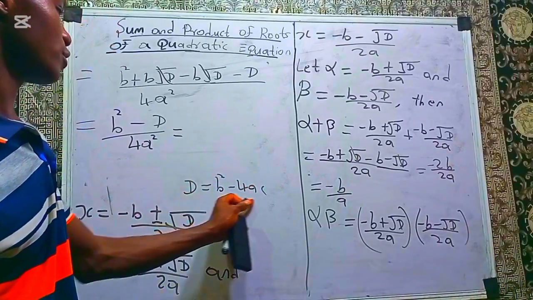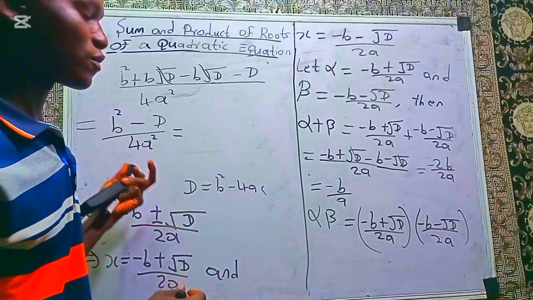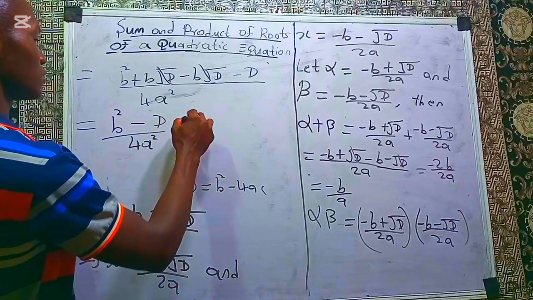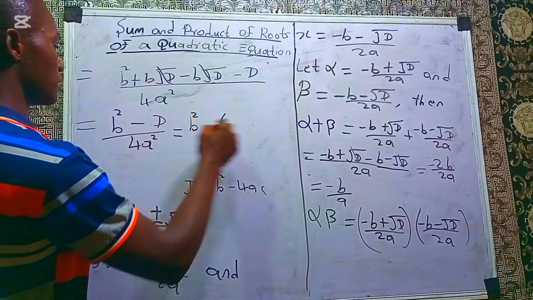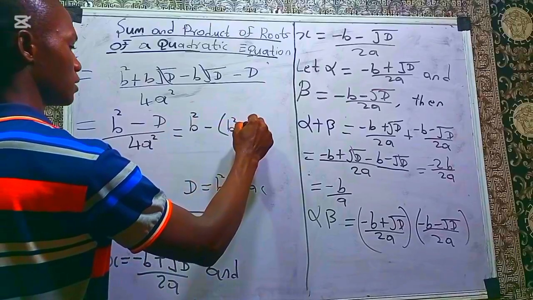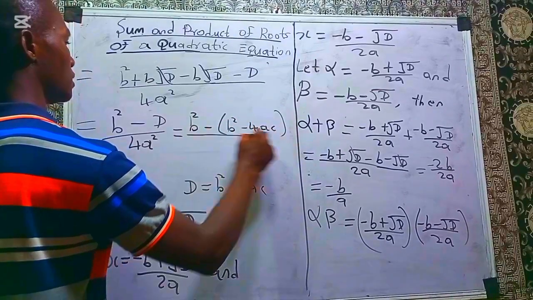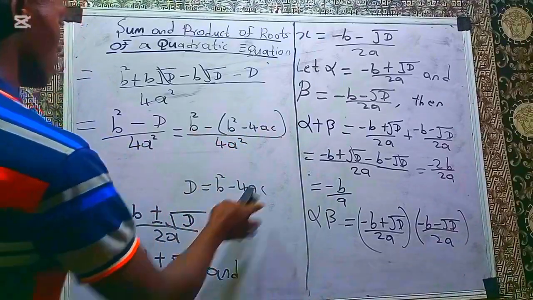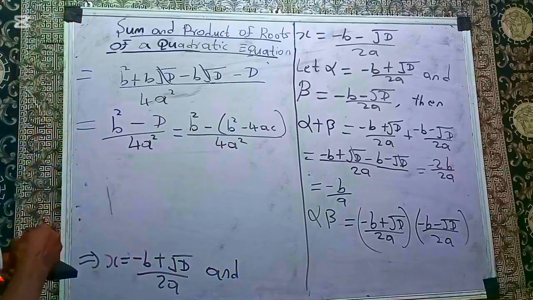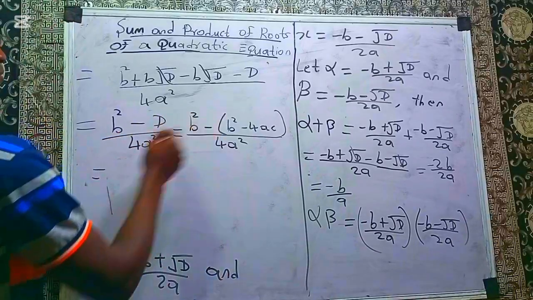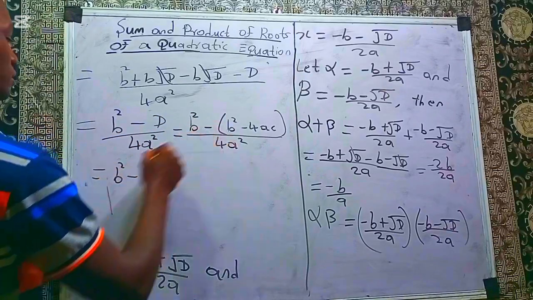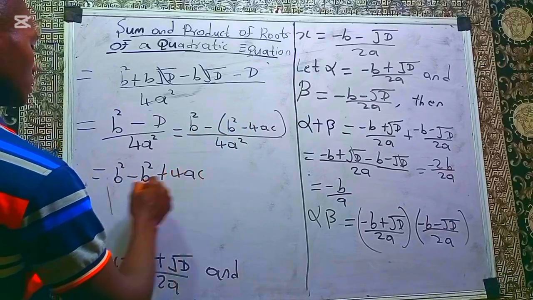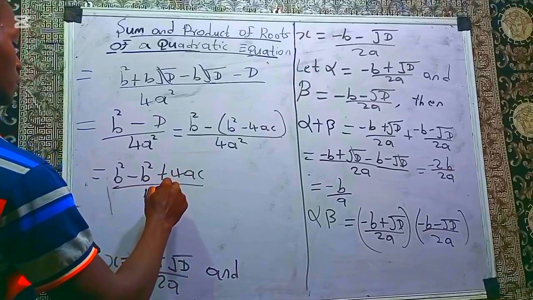You remember this from when we started. So we will substitute it for d here. So this will be b squared minus 4ac, divided by 4a squared. Let's subtract: b squared minus b squared plus 4ac, divided by 4a squared.